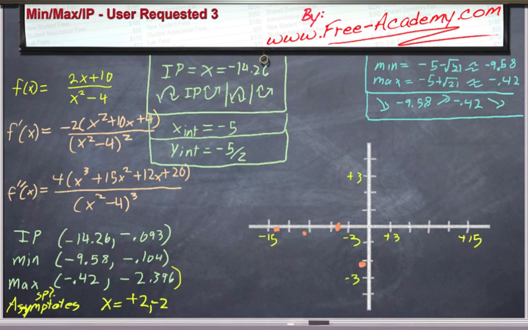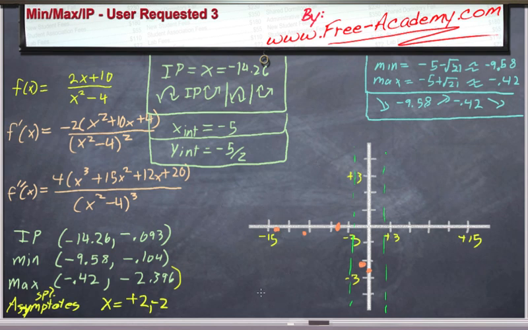We have vertical asymptotes at negative 2 and positive 2. We have a y-intercept at negative 2.5, which is right about there. And we already covered the x-intercept.